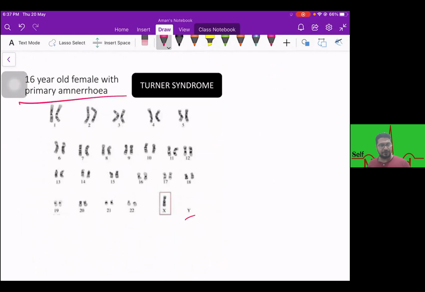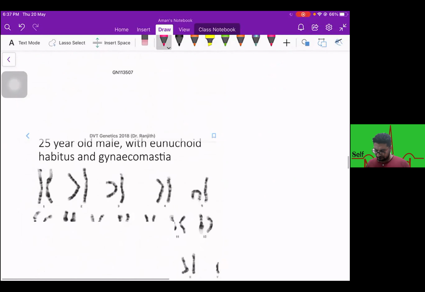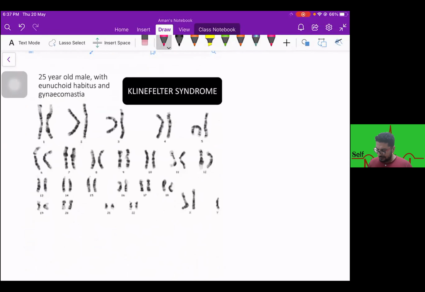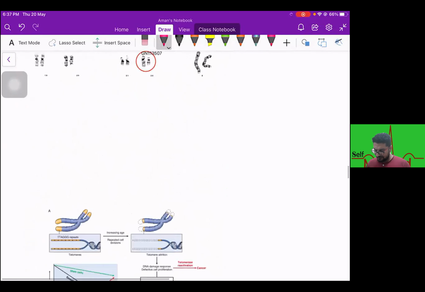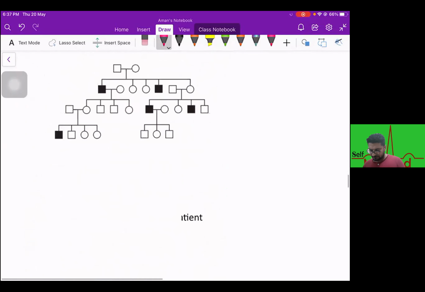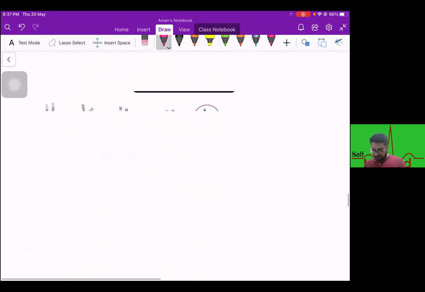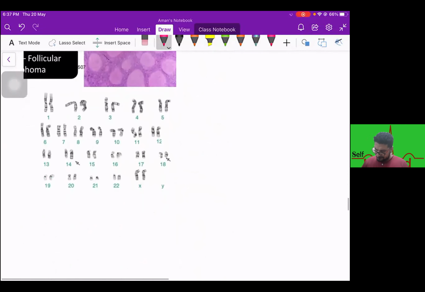The patient will have amenorrhea. Then you can notice here XXY, Klinefelter syndrome. XXY will be Klinefelter syndrome. So these are the questions that they ask related to the genetics topic.